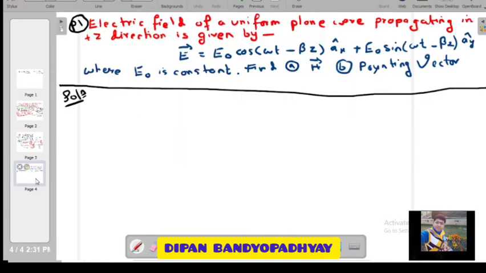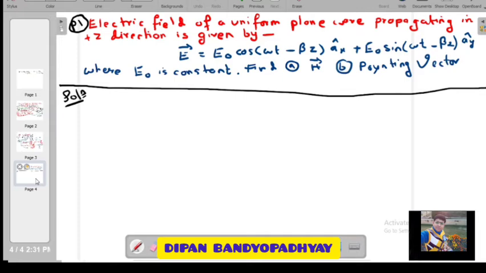Suppose you have a problem like this: the electric field of a uniform plane wave propagating in the plus z direction is given by E equal to E naught cos(omega t minus beta z) ax cap plus E naught sin(omega t minus beta z) ay cap, where E naught is the constant amplitude.